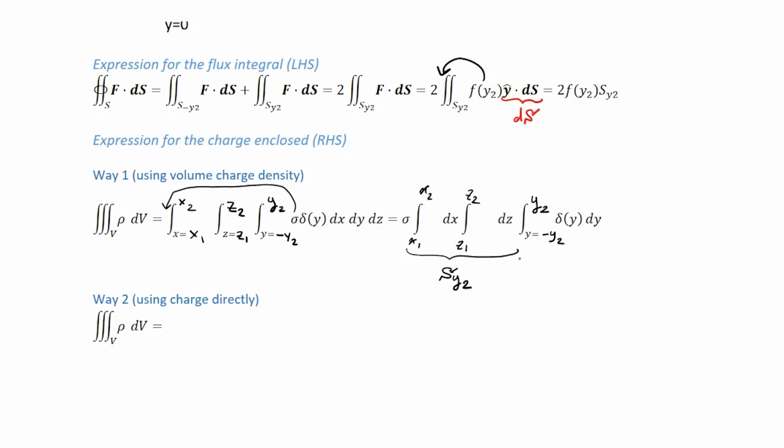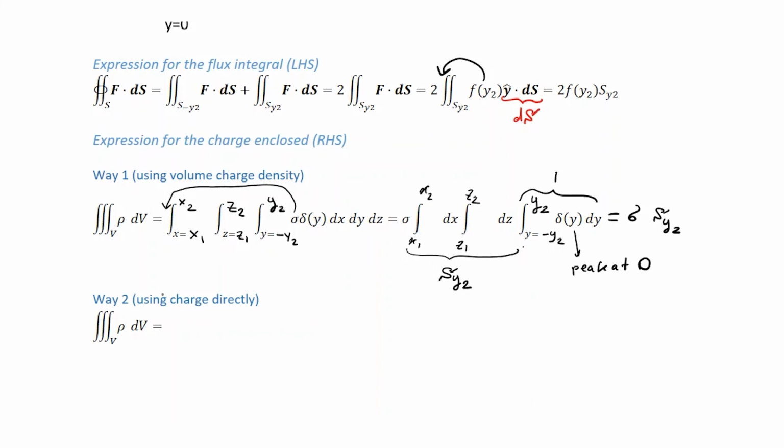For this part, we have a delta function that peaks at 0, and this interval captures the peak entirely, so this integral is equal to 1. So then this is equal to sigma times S y2 times 1. So this is the right-hand side.